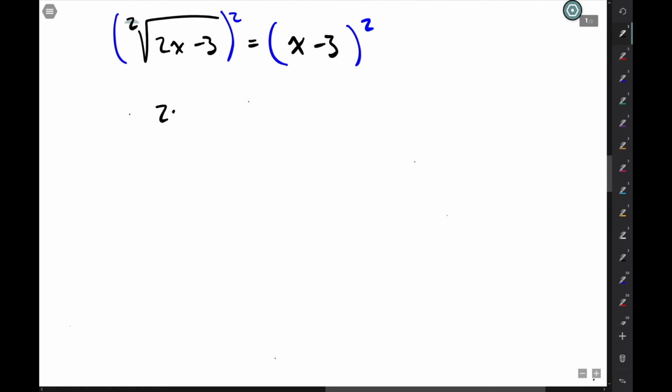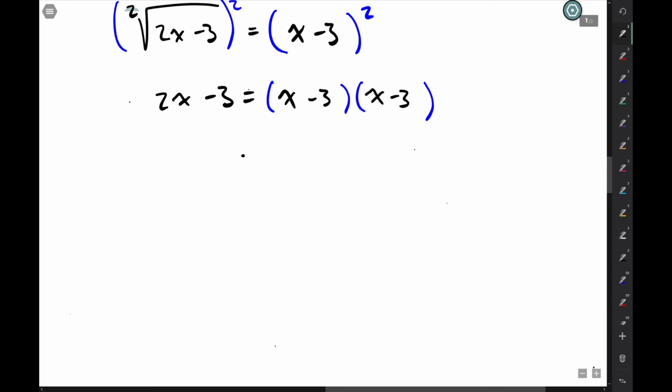Now we're going to have 2x subtracted by 3 is equal to this. Do not overgeneralize. Make sure you take every extra step to see that it requires some fairly complicated distribution. It's not simply x squared and a 9. So x times x is x squared, x times negative 3 and negative 3 times x gives us negative 6x, and then negative 3 times negative 3 is a positive 9.